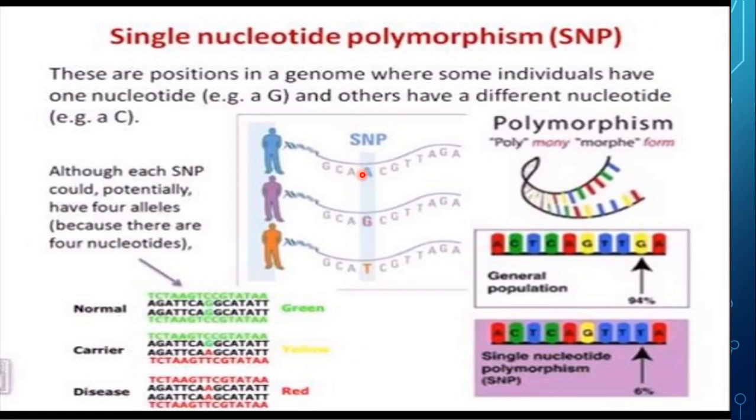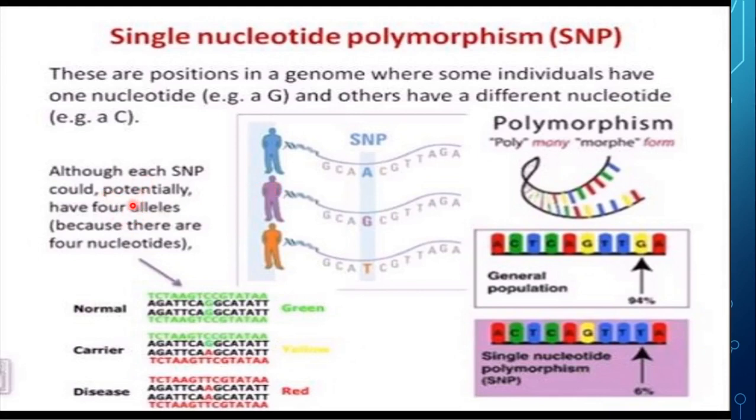In the first person it is A, in the second person it is G, in the third person it is T. Due to such differences, which may occur again after a certain length of the DNA, we are all unique, with characteristics which make us different from others.